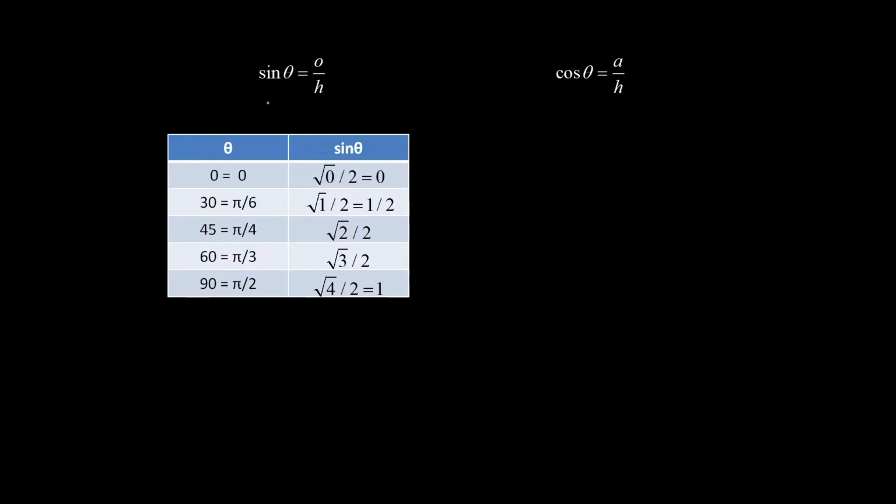So for sine, these common angles: 0, 30, 45, 60, 90. I also gave their radian equivalents, because not only are you learning degrees, but you should also be learning radians.